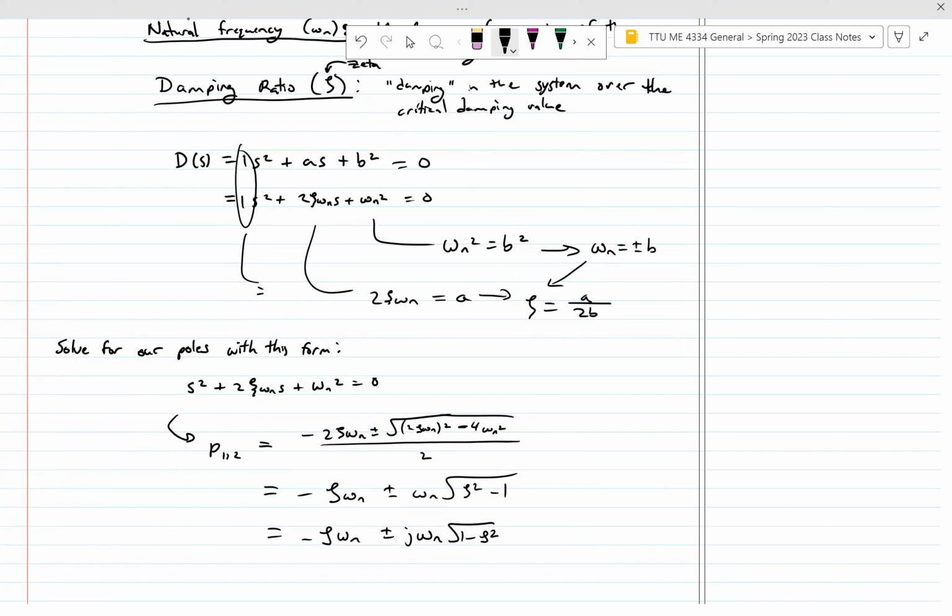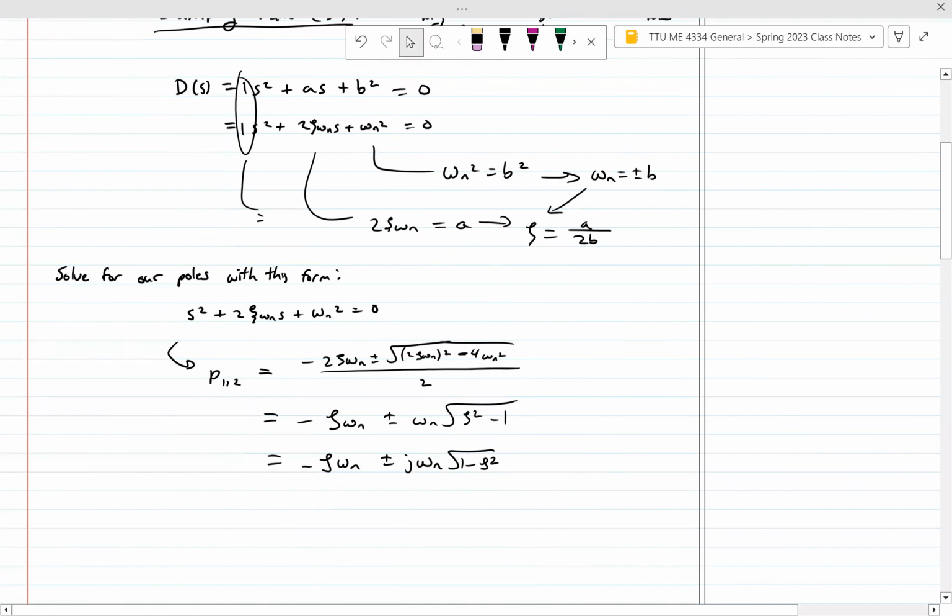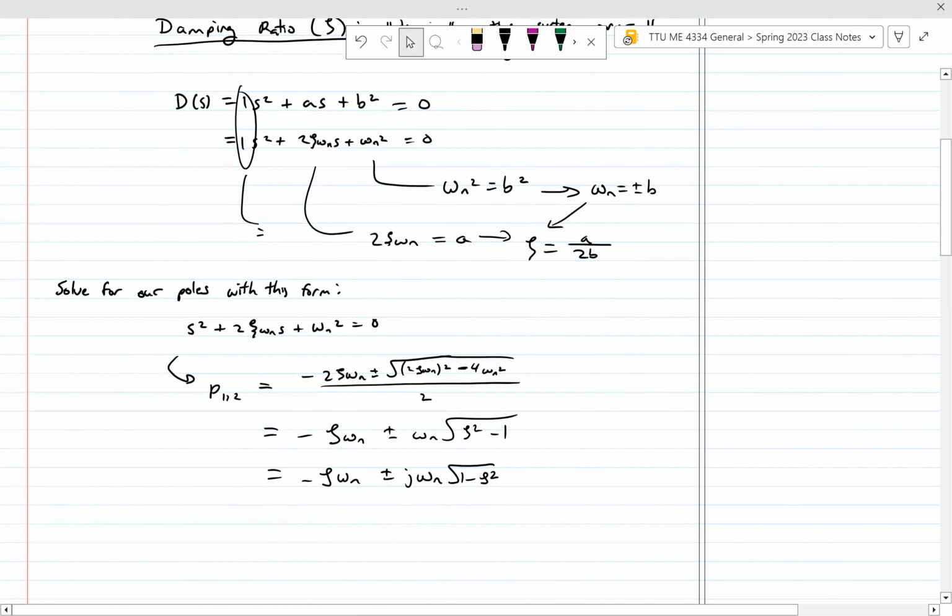I'm not going to go through all the proofs, and not even proof, right? Just the algebra to get this. But this is a different form that we could get our poles if we know what zeta and omega n are, right? Because we're going to talk a lot in this class in terms of not just our poles, but zeta and omega n here. We're going to interchange them quite a bit.